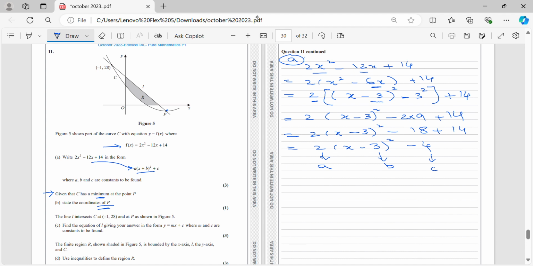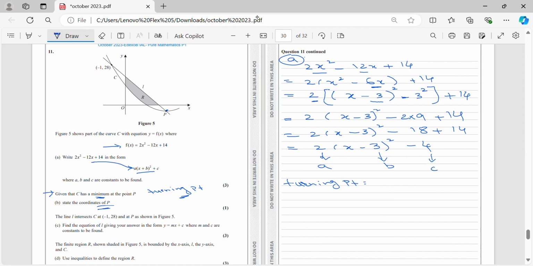Minimum point means it's a turning point. If it's a turning point, we can get it from the completing square. So whenever we have to find out the turning point, completing square is the best idea to do it.